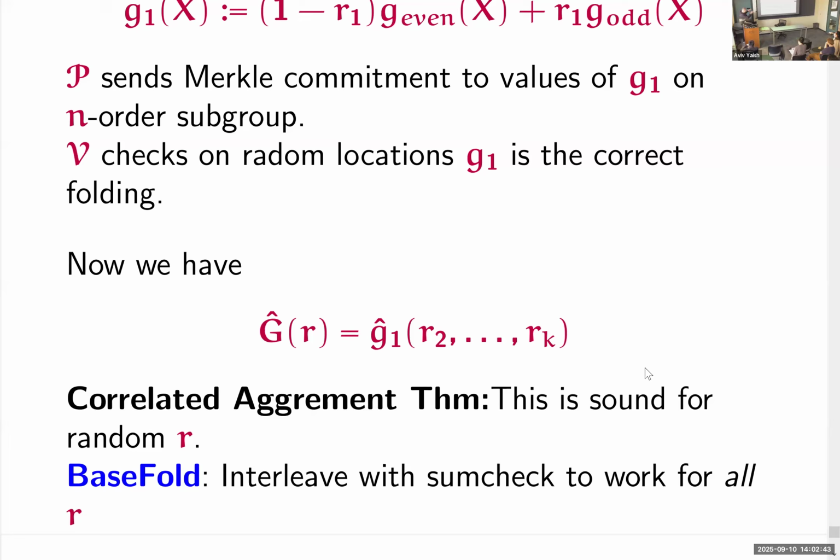So this is a central idea in the BaseFold paper: by interleaving the well-known FRI protocol and the SumCheck protocol, doing the first round of each, the second round of each, we can get a multilinear PCS.